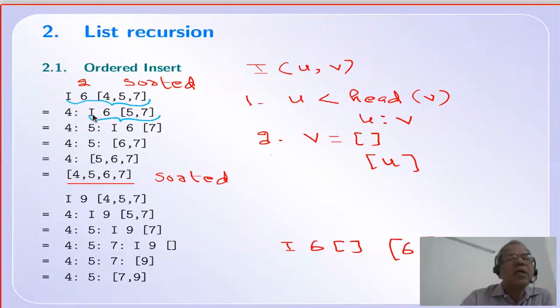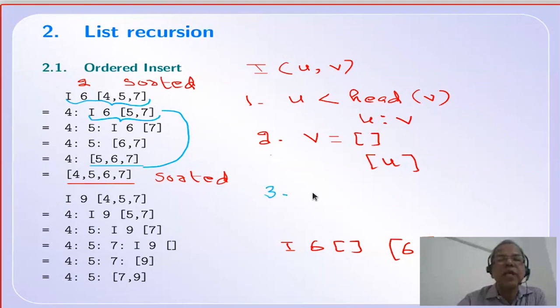After we have inserted 6 into 5, 7, we will get 5, 6, 7. To 5, 6, 7, what should we do with the head? Just prepend.